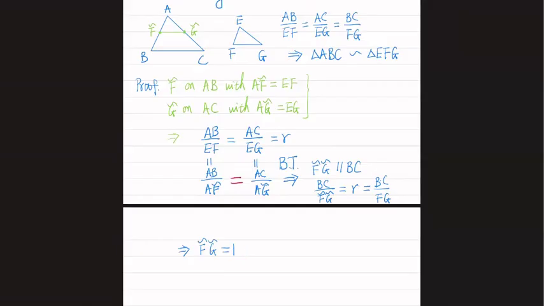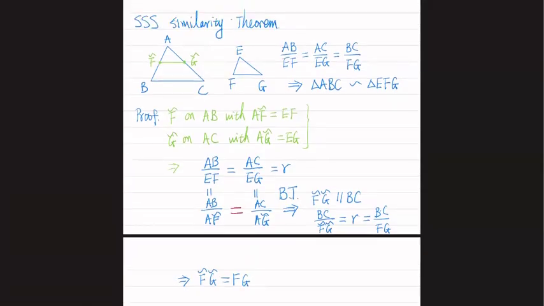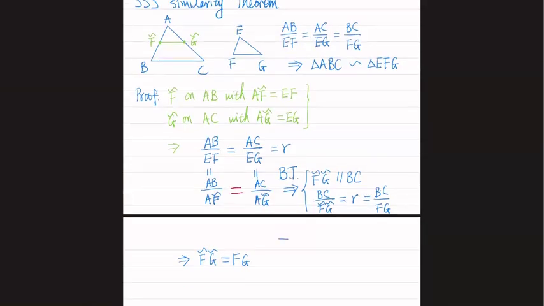Okay. This also implies the two triangles are similar. Big theorem, triangle AFG similar to ABC.